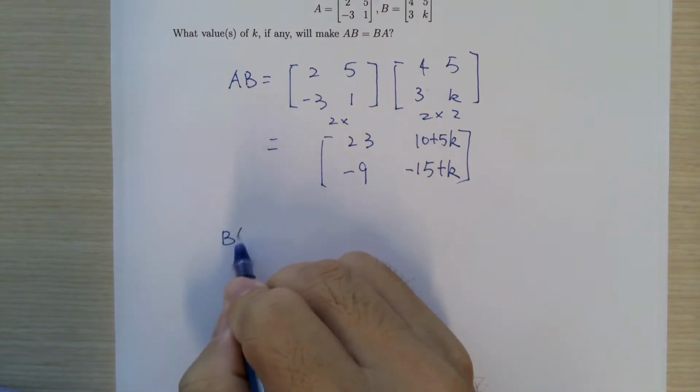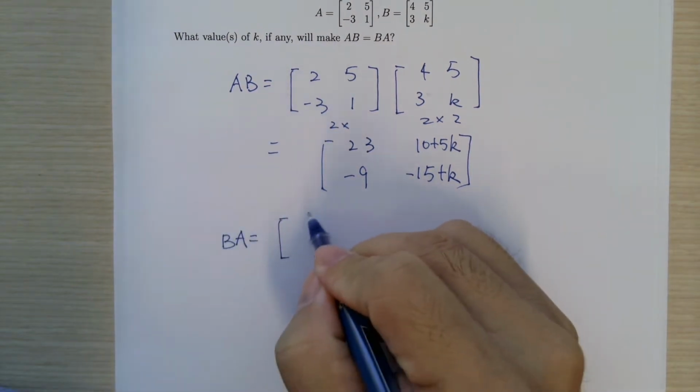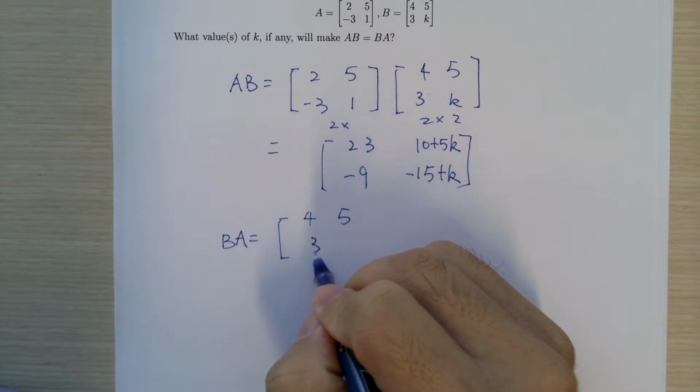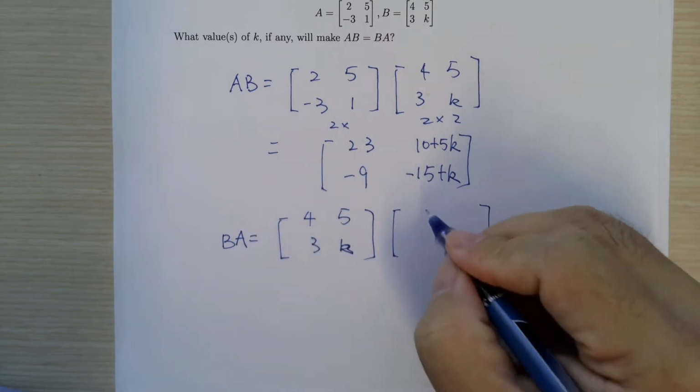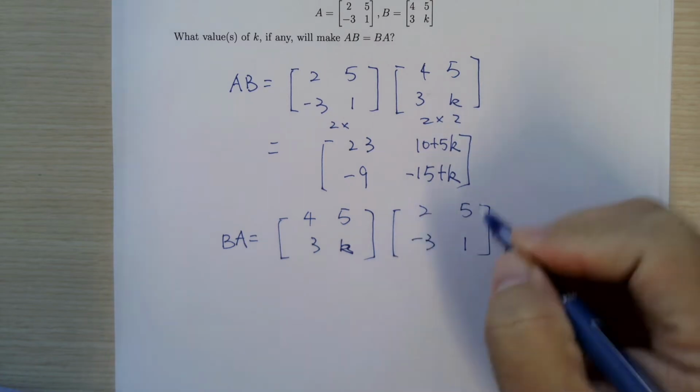While if we do BA, that's [4 5; 3 k] times [2 5; -3 1].